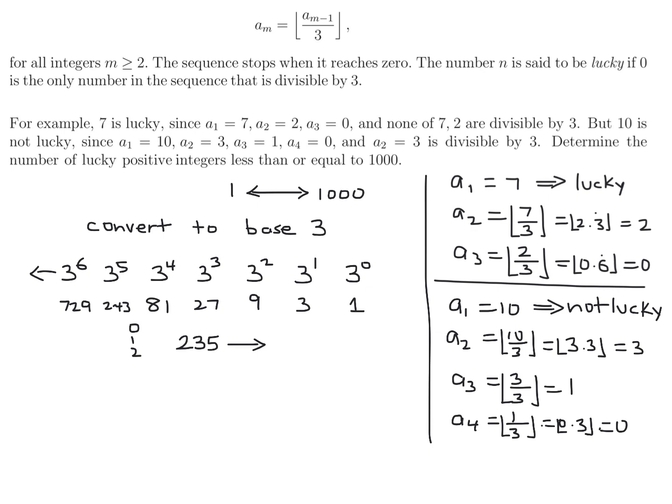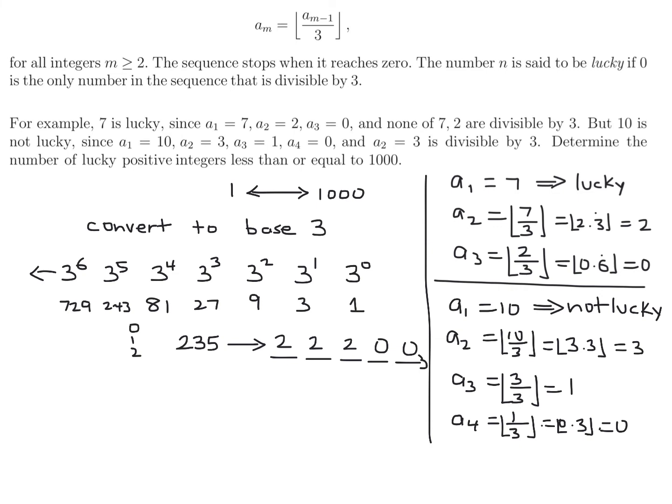So, for example, I estimate that this is going to be a 5-digit base 3 number. So I'm going to have to use the 81 twice, so that's why I put 2. I think I'm going to have to use the 27 twice, the 9 twice, and I won't need this 3 and I won't need this 1, so I put 0 since I'm not including them. Now, why is this 235?